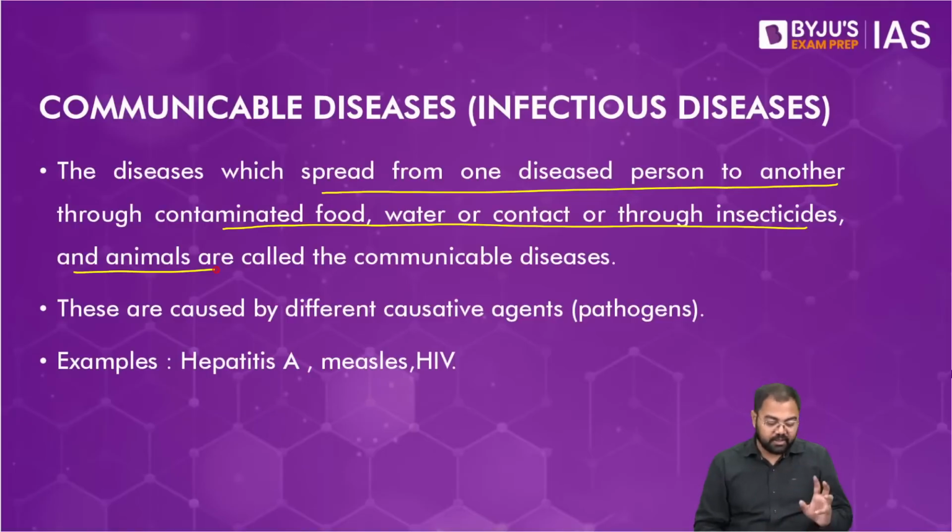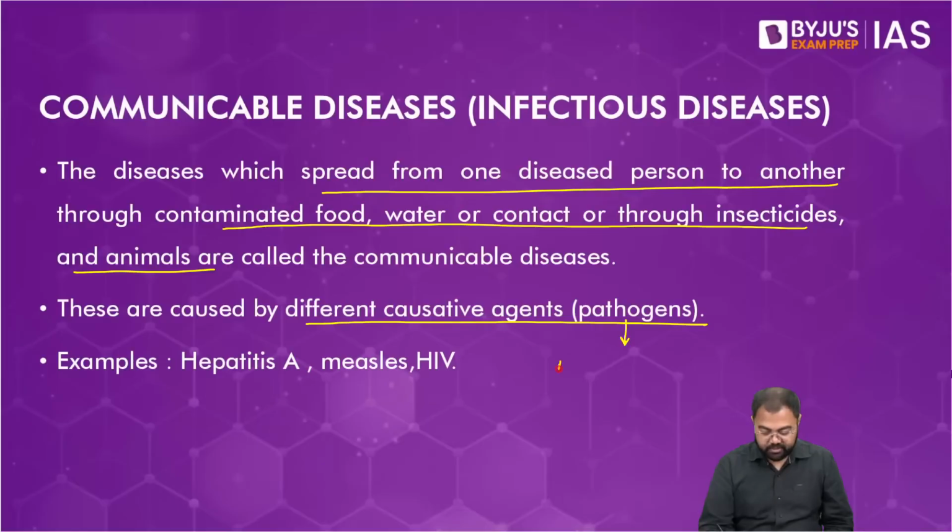In this kind of scenario, they would be caused by different causative agents, which are called pathogens. Pathogens could be microorganisms, largely microbes. Let me not write microbes, otherwise you'll think it's only microbes.